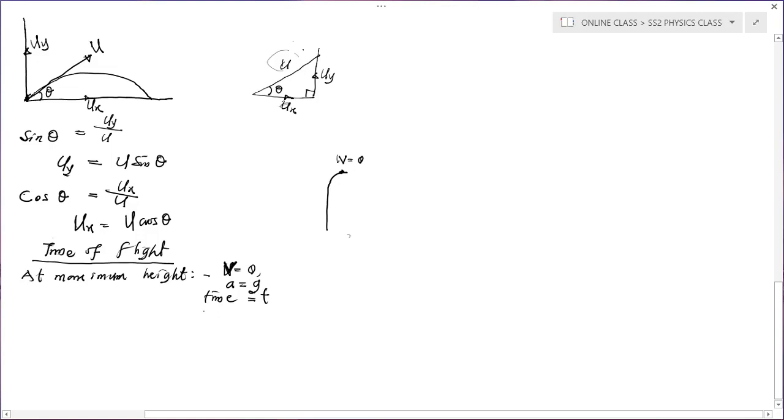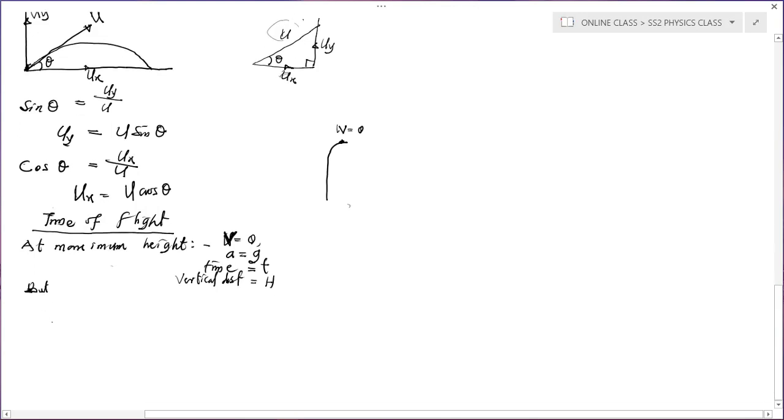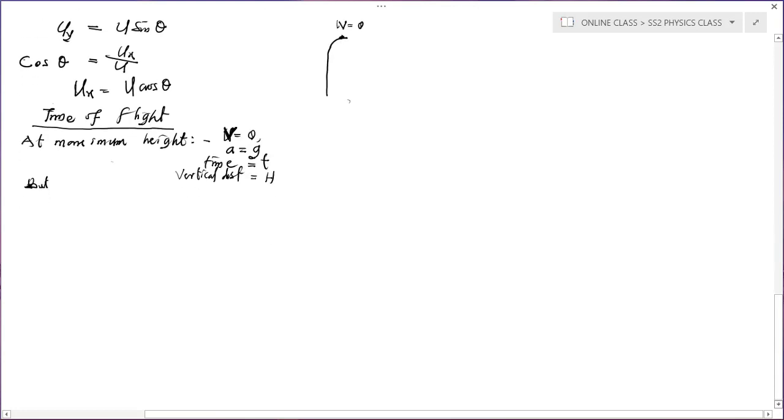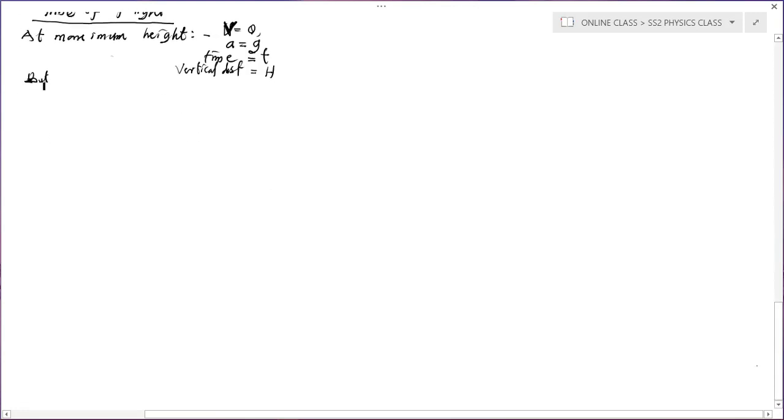Our vertical distance, just like I said initially, is equal to h in this case. Now, if you use the equation of motion, we have v equals u plus at. We all know that equation, I believe so.